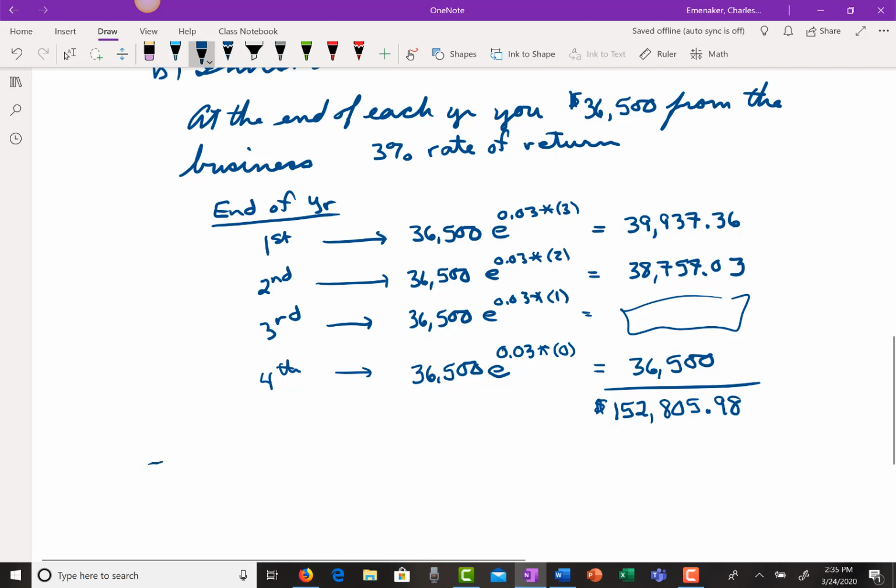Suppose this was set up to a slightly different situation. Suppose instead of receiving the $36,500 in one lump sum, every day you got paid the same amount.